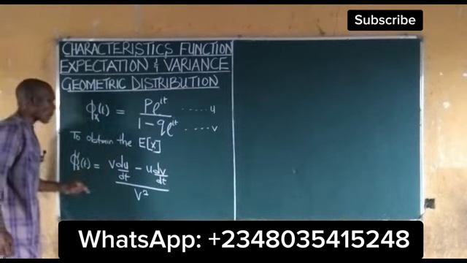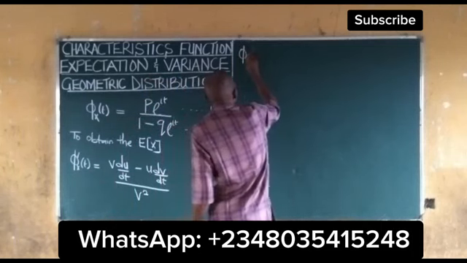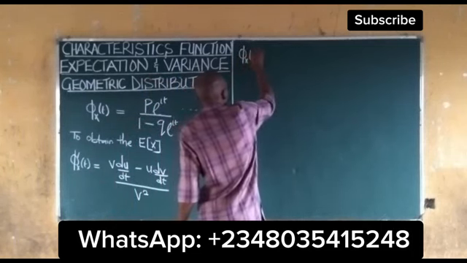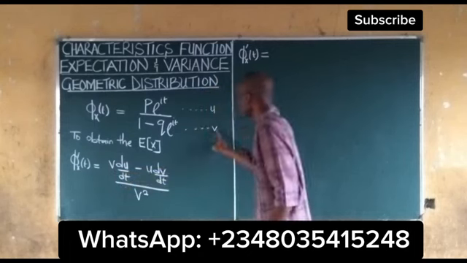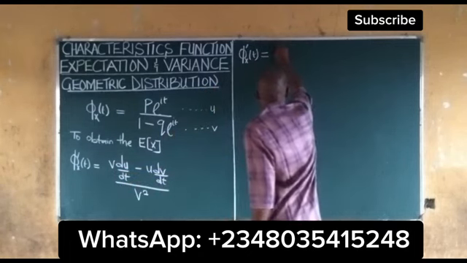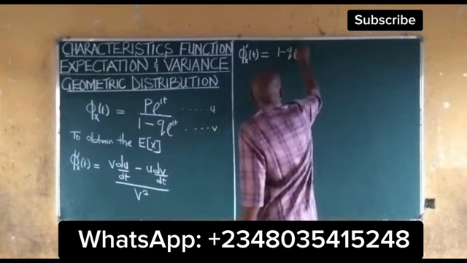So our characteristic function for the geometric distribution gives us v, which we write as 1 minus q e^(it).